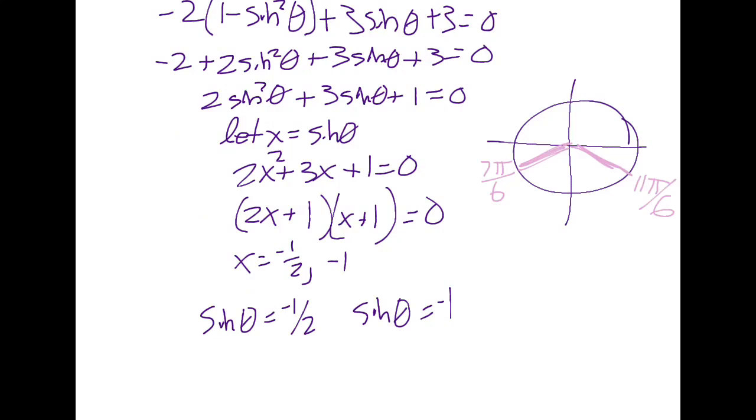And then when is sine of theta equal to negative 1? Well, that's happening straight down there at 3 pi over 2. So those are our 3 theta values. Theta equals 7 pi over 6, 3 pi over 2, and 11 pi over 6.